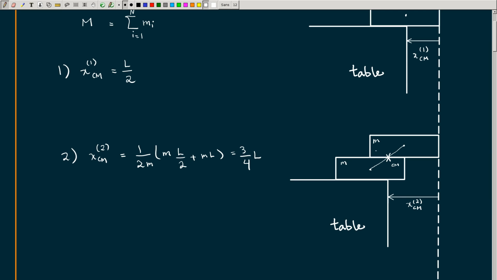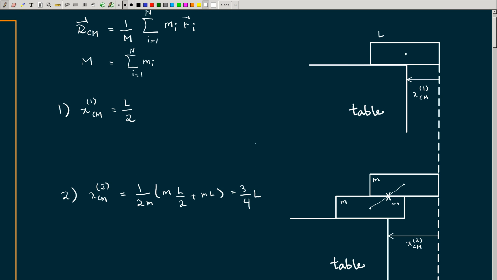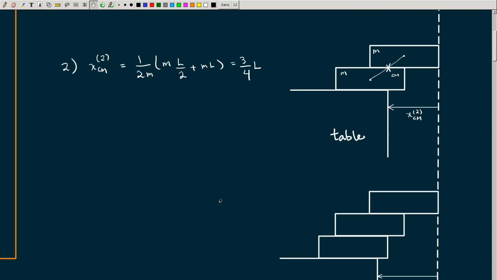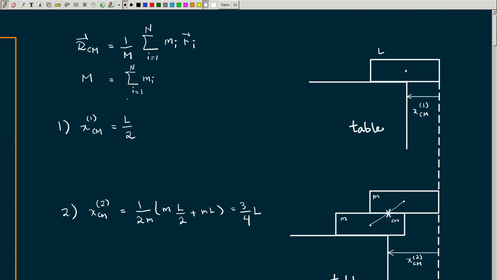I'm naming this mass M and this length L, but you can name them 1 and just do the calculation by numbers, but this is more in line with our notation here. That's why I'm doing it.